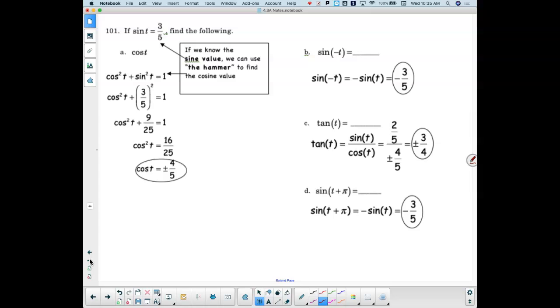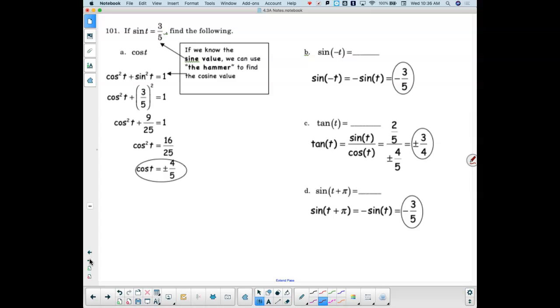Then it asks, what is the value of the sine of negative t? Well, sine of negative t is negative sine of t. So if sine of t is 3/5, that's going to be negative 3/5. Then it asks for the tangent of t.